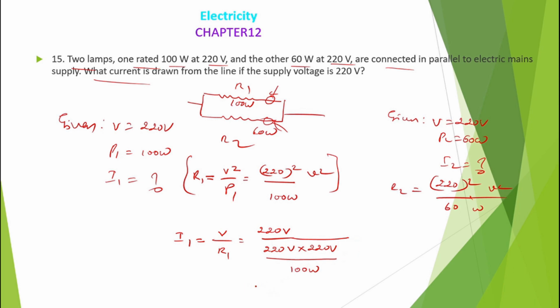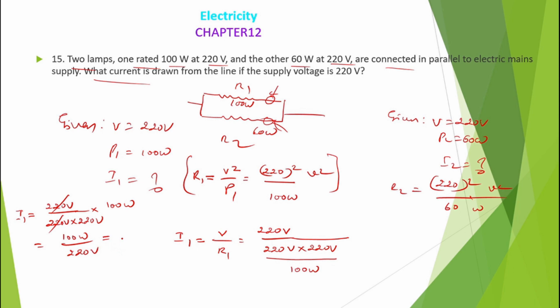So if you simplify this, you will get I1 is equal to 220 volt divided by 220 volt into 220 volt. This will take it to top 100 watt. So 220 volt cancel, and we will get 100 watt divided by 220 volt.